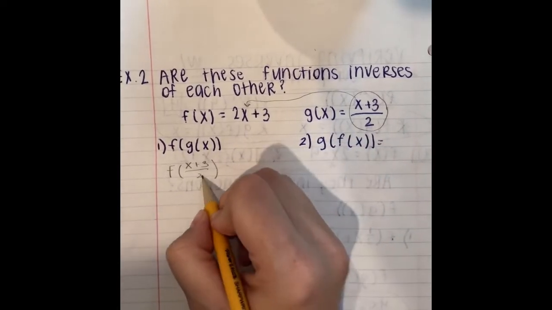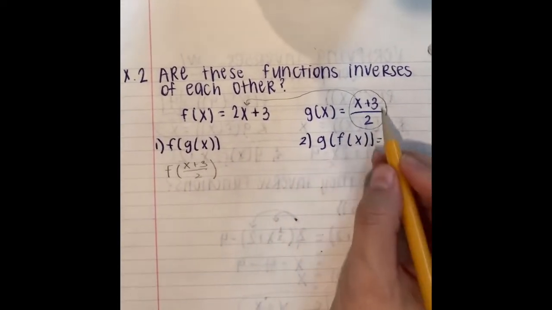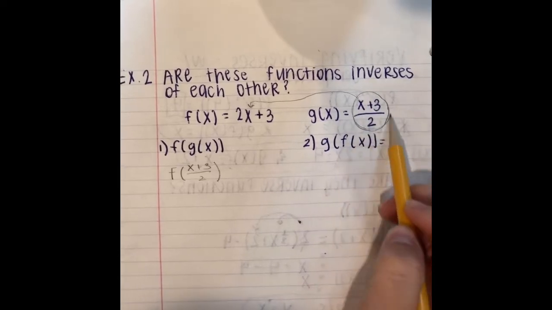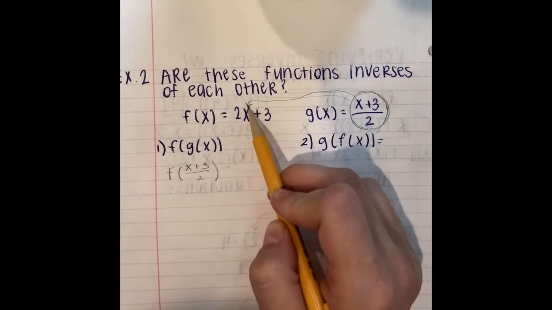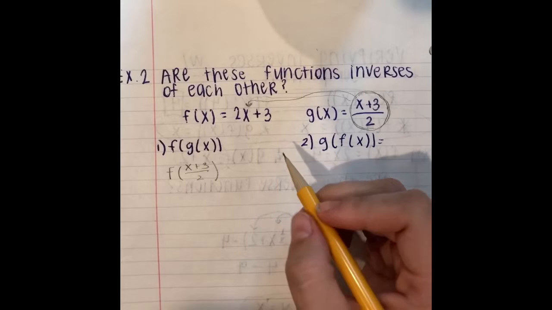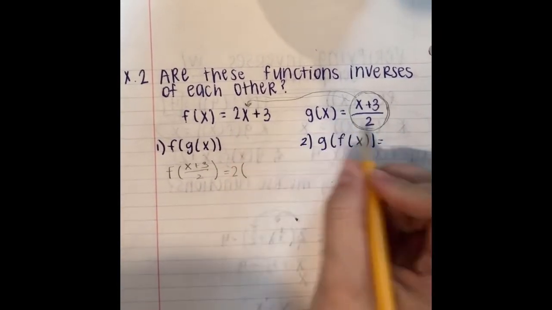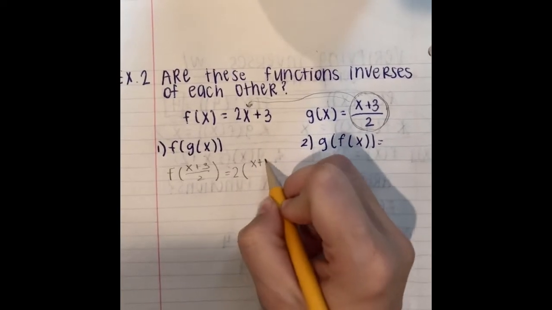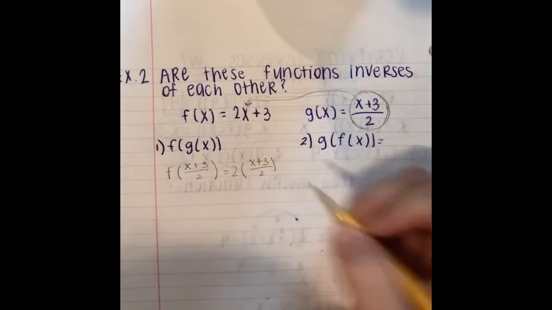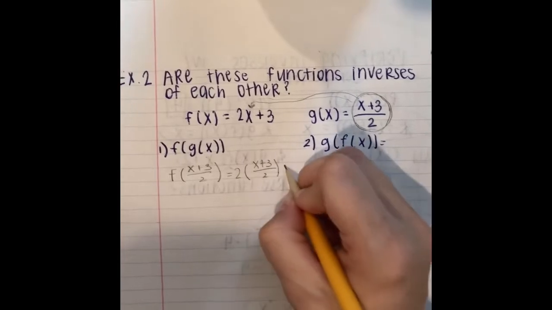And then you're plugging this in for the x values. So essentially a shortcut would just be to go ahead and plug your g function into the x value for your f function. So we get 2 times, instead of x, I'm putting my g, (x plus 3) divided by 2, plus 3.